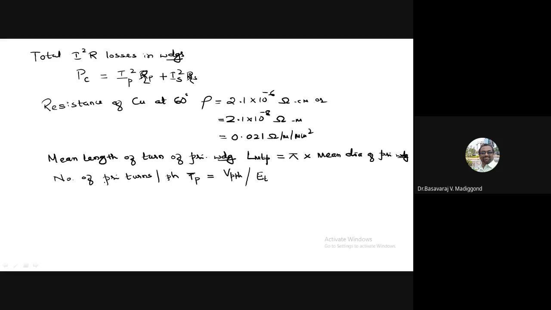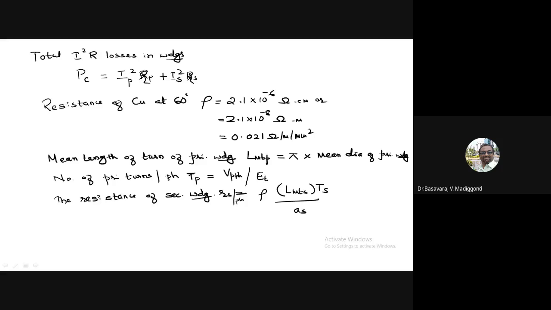Now, the resistance of the secondary winding, that is RS. Let us take this per phase. Per phase, RS is given by rho LMTS into TS divided by AS.